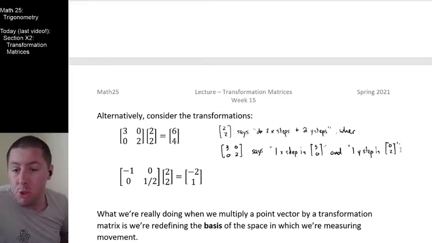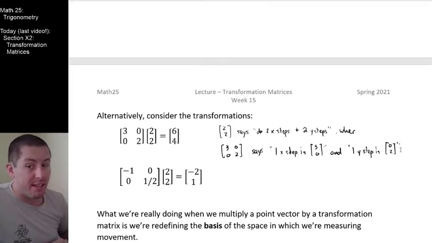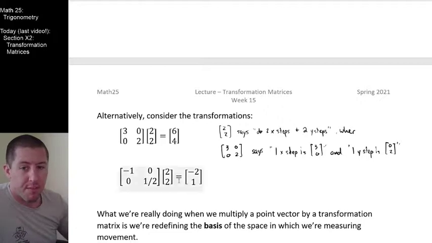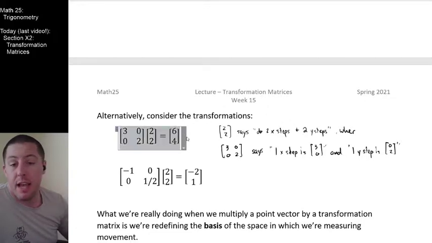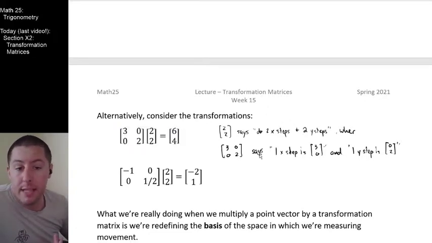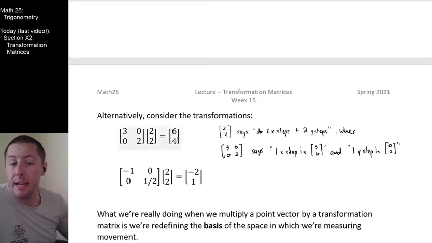So if you perform 2 x steps, where each x step is 3 steps to the right, then you've really landed at going 6 steps to the right. And if you want to perform 2 y steps and each y step is going 2 units upwards, then you're really going to end up going up a total of 4 units upwards.